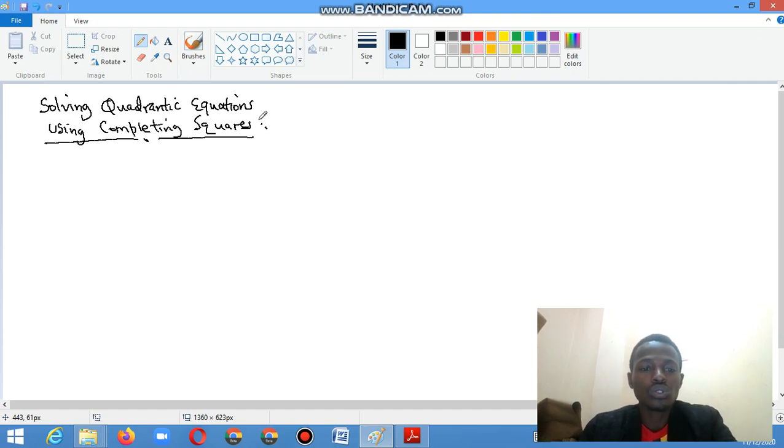We can also use completing squares to find the maximum and the minimum values of quadratic expressions. We can also use it in deriving the quadratic formula itself. So be careful and understand everything.